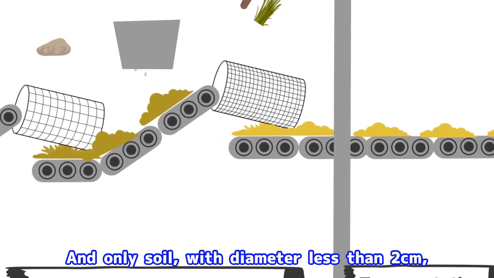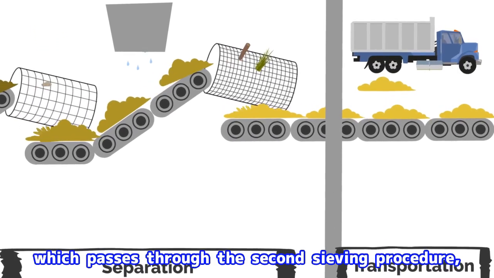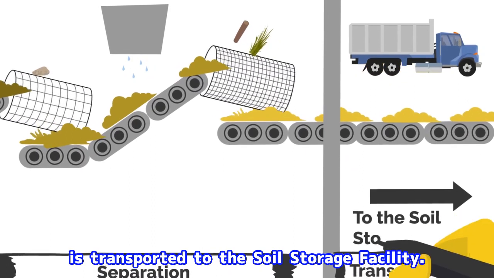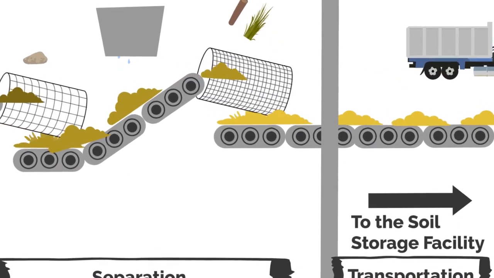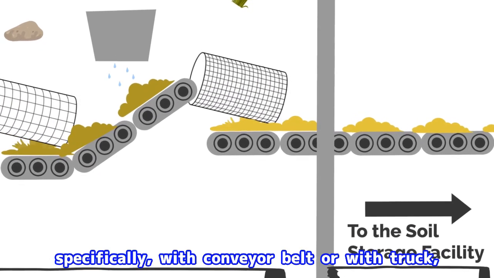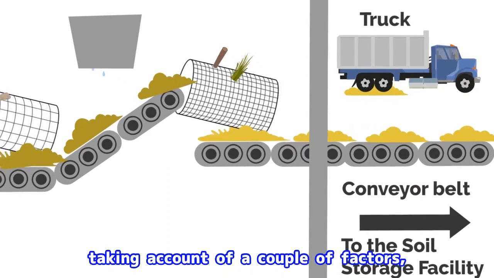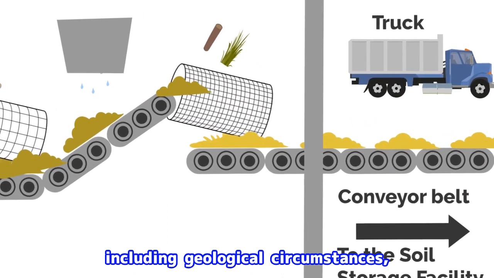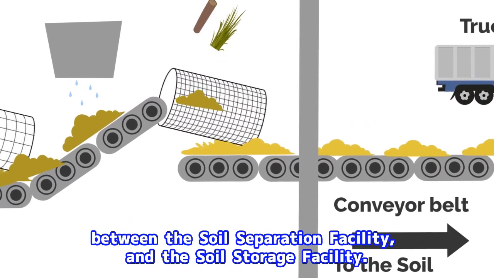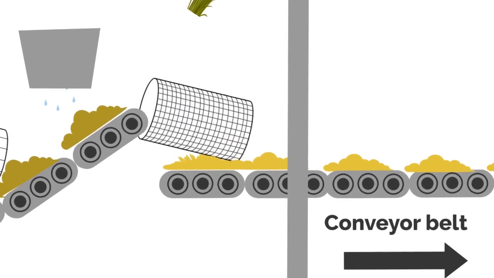And only soil, with diameter less than 2 cm, which passes through the second sieving procedure, is transported to the soil storage facility. There are two means to transport the sieved soil, specifically, with conveyor belt, or with truck, taking account of a couple of factors, including geological circumstances, between the soil separation facility and the soil storage facility.